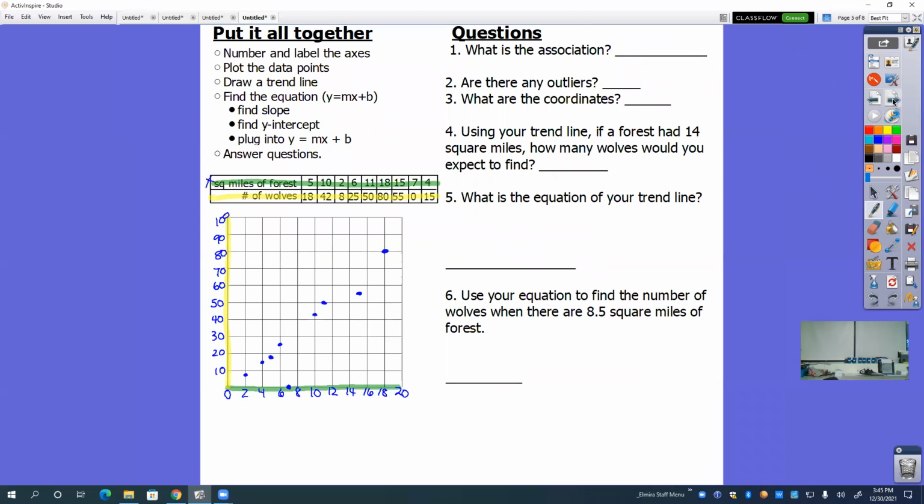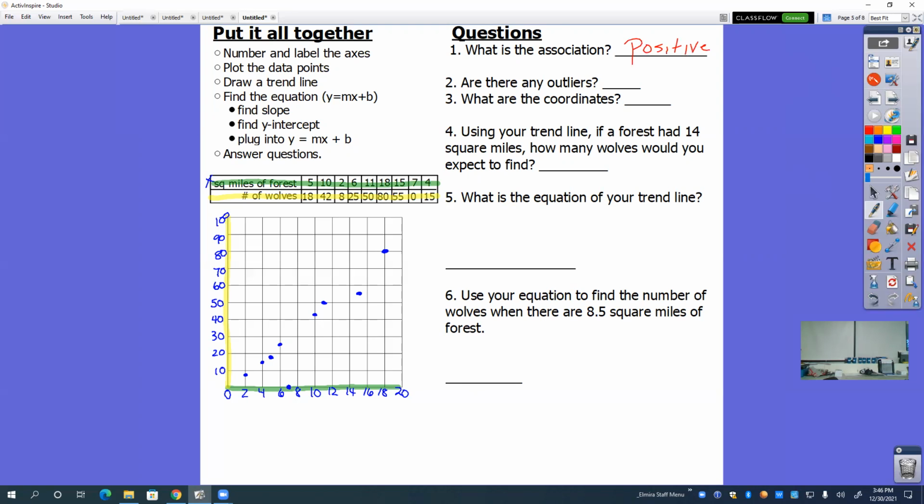All right. So put it all together now. Number and label the axes, plot the data points, draw the trend line, find the equation, and then answer any questions. So we plotted the points from the coordinates, x and our y value. What type of association?